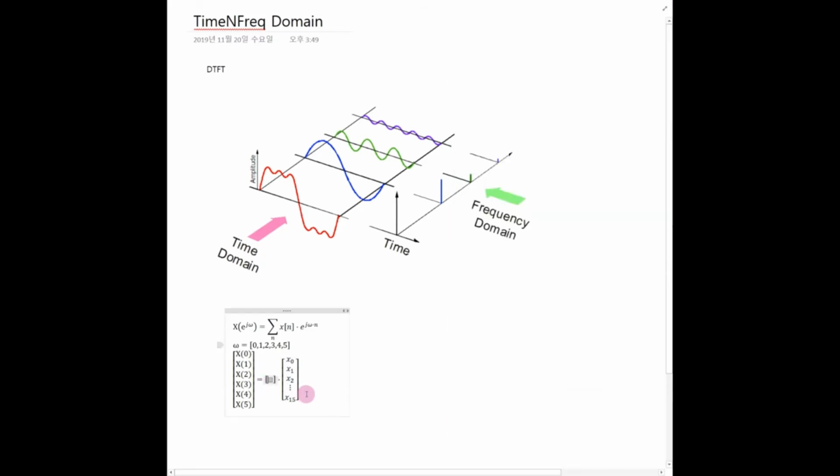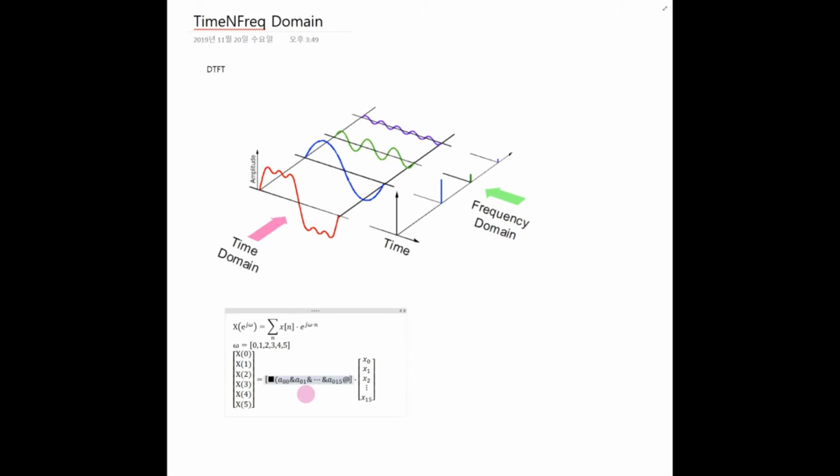But what we need is some basis function. The basis function can be understood as a00, a01, up to a0 15.